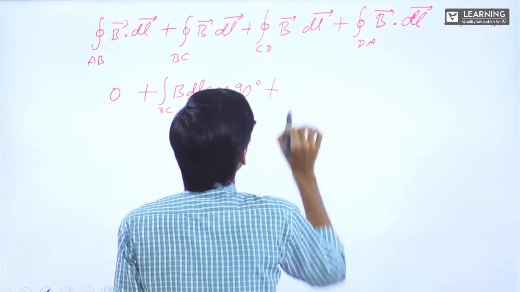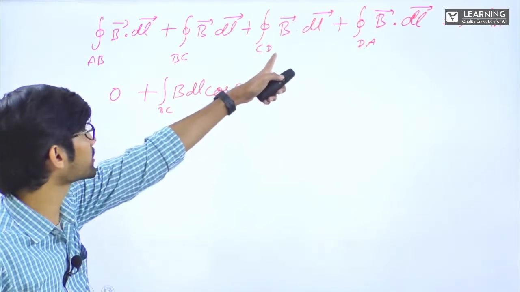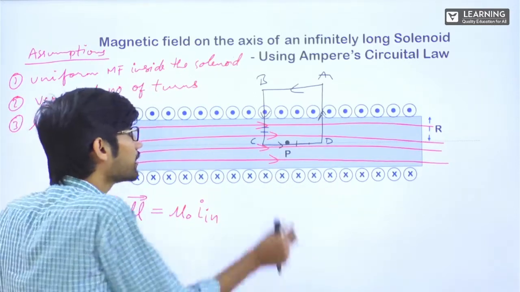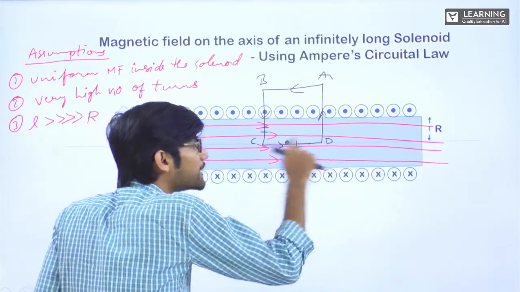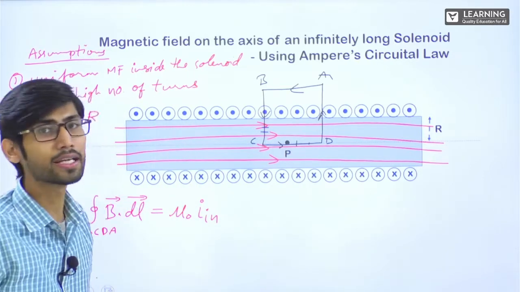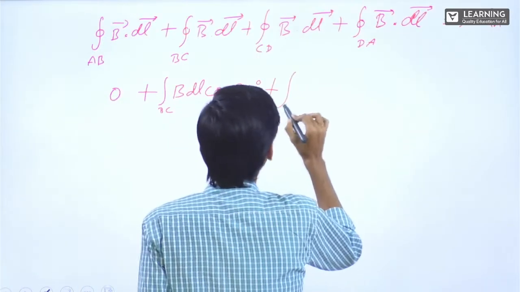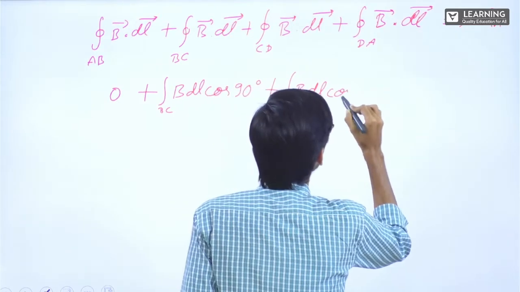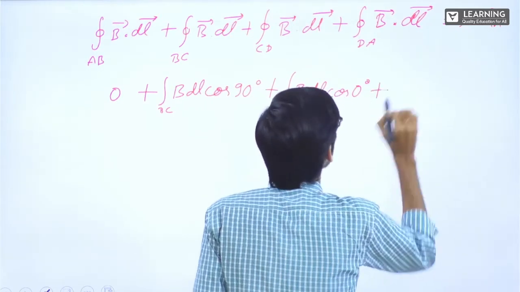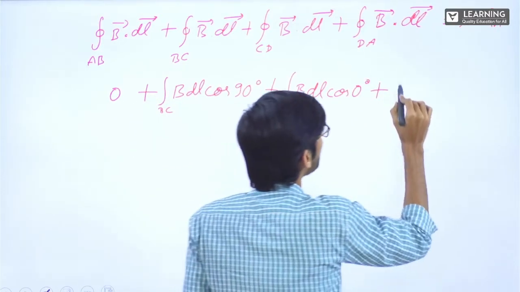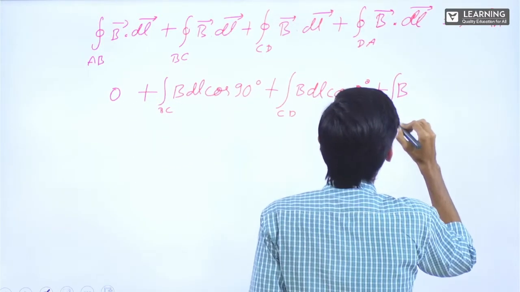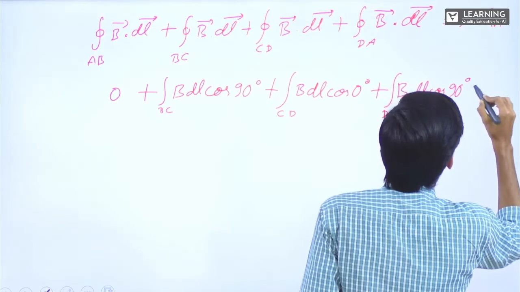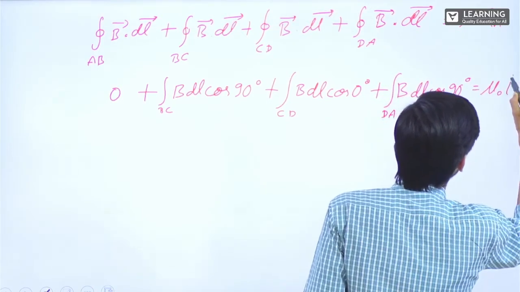Plus, CD. Here if I take a dl like this, B and dl both are in the same direction, that is B dl cos 0. So this will be integral B dl cos 0 degrees. Plus, for this DA, integral B dl cos 90 degrees. That is equal to mu naught into I inside.